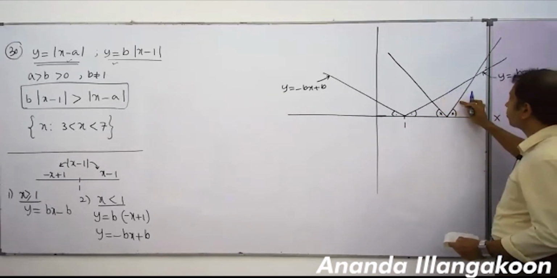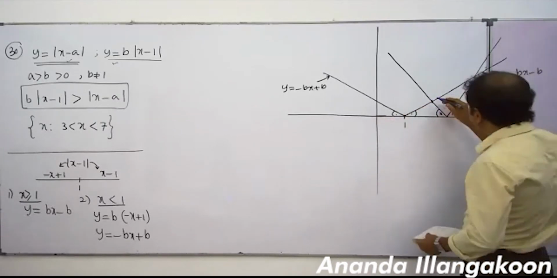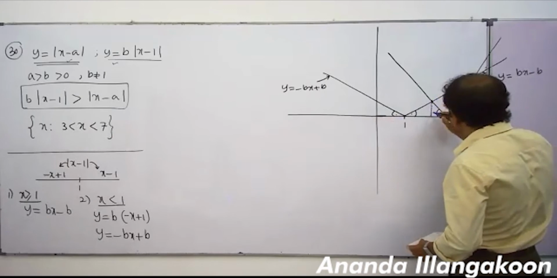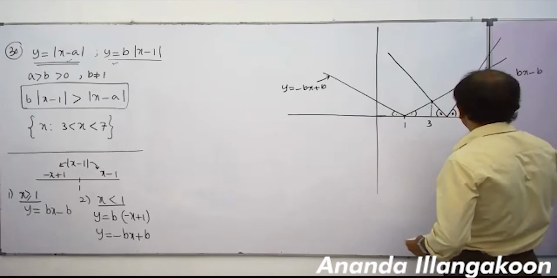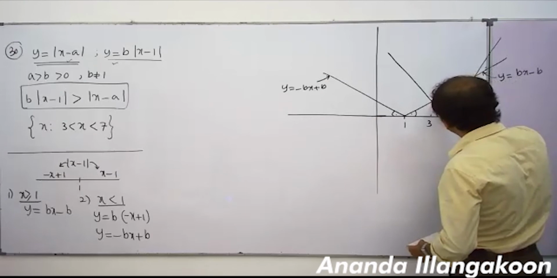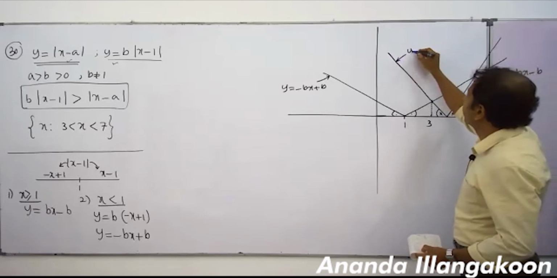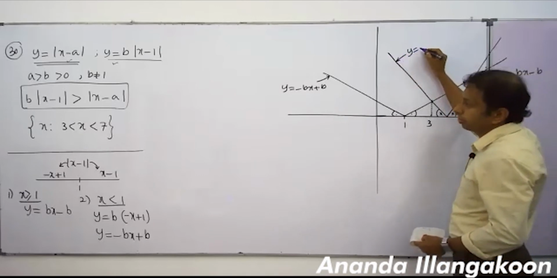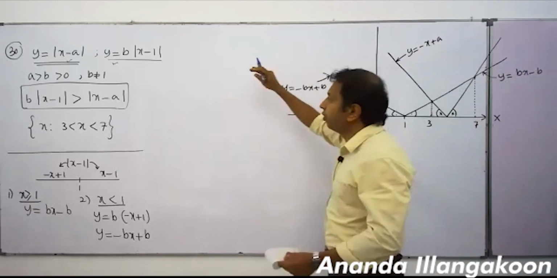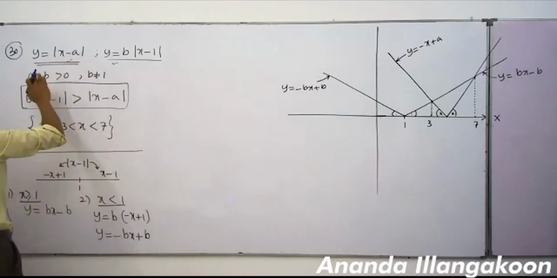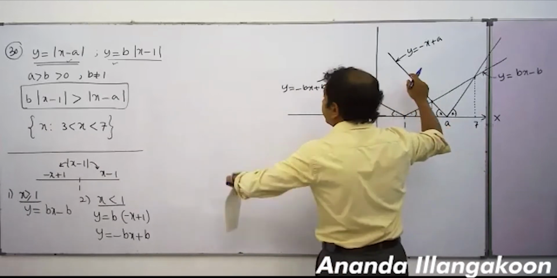Otherwise, this branch and this branch won't intersect. Now, this and this are the two values x equals 3 and x equals 7. This way. So what is the equation of this branch? Y equals minus x plus a. When you define this one, on the left of a, this point is a, people, right? And on the right, x minus a.